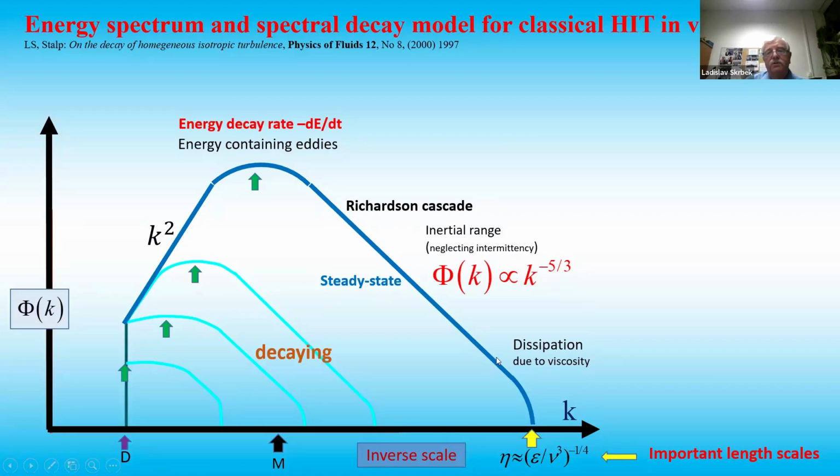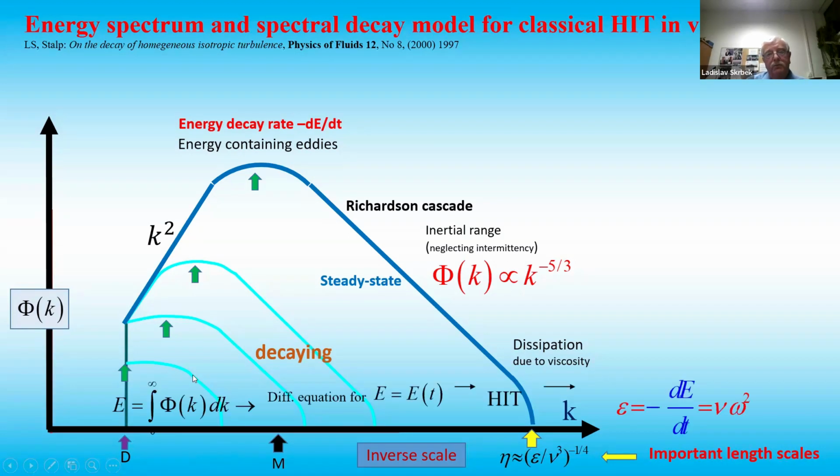It goes through this Richardson cascade until it is dissipated at the dissipation length scale, which from a dimensional argument can be written as (epsilon over nu cubed) to the power minus 1/4, where epsilon is the energy decay rate. So here it is dissipated by viscosity. Also, the eddies cannot be bigger than the size of the turbulent box, so there is no spectral energy density at smaller k vectors, roughly those larger than 1/d.